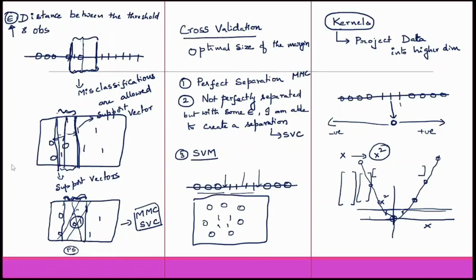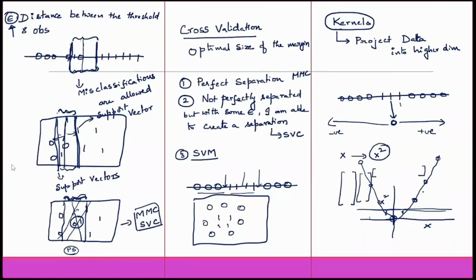Now this is what is typically called a kernel function. So these are called kernel functions. What we have done in this case is what is called a polynomial kernel.